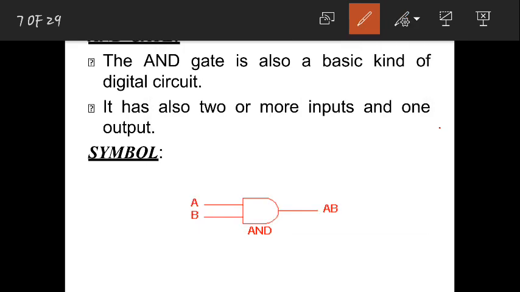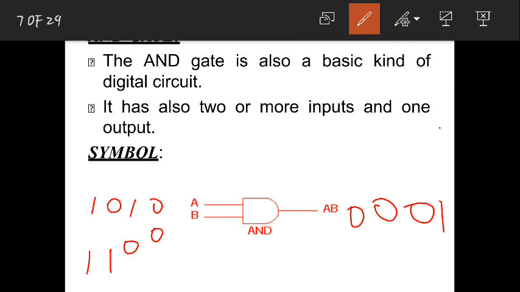See, when I give 0 and 0, output will be equal to 0. Next, when I give 1 and 0, output will be 0 again. When I give 0 and 1, output will be 0. When I give 1 and 1, then output will be 1. Are you getting this? So what does it mean?